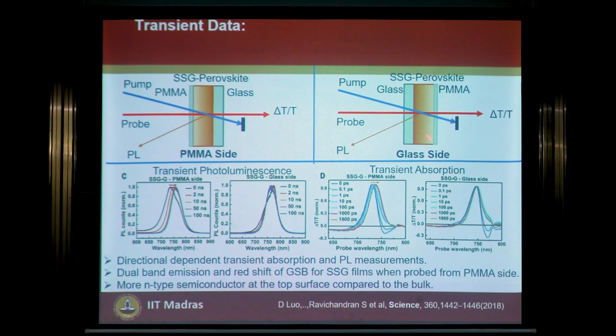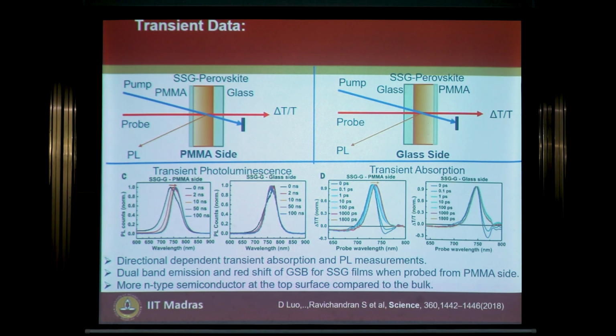But if you pump from the glass side, we don't see any such shift of the spectral peaks of the ground state absorption of this perovskite system, which clearly says that only the surface layer has a higher bandgap, or a different perovskite with a higher bandgap, and the bulk is still intact. The energy flows during the evolution of time, and it takes up to 2 nanoseconds, which is very far from the cooling time, which is on the order of 1 picosecond.